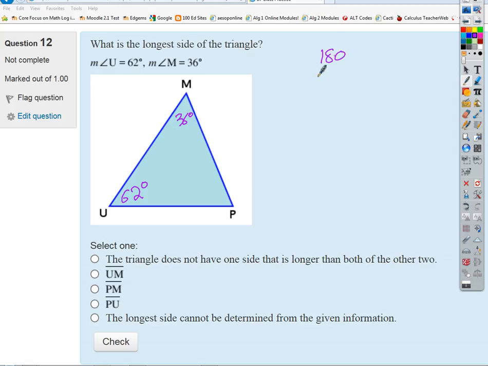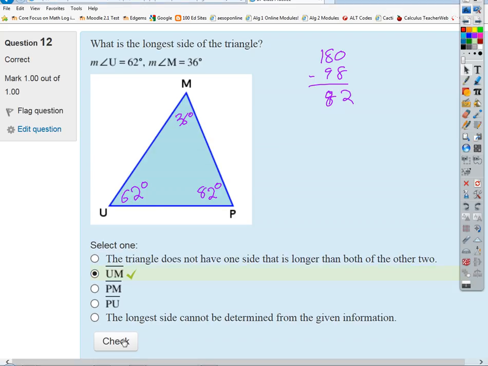So 180 minus 98 is what? 72? Is that right? 82. So this guy's 82 degrees. Okay, so then which is the longest side? Yeah, good. So that guy. Right? Okay.